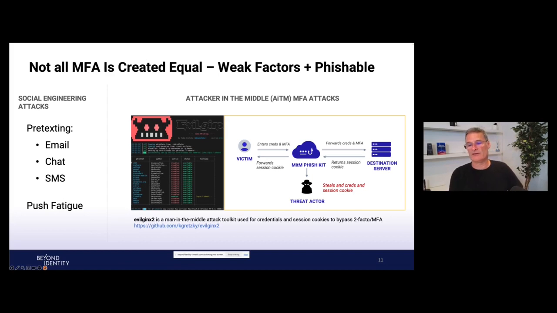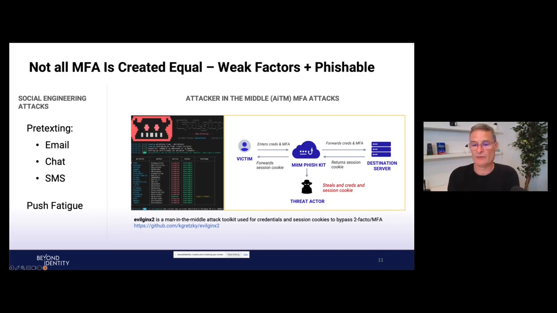By the way, to put context around weak factors, any factor that I can get an end user to give me, like over the phone or over an email or share with me, is by definition a weak factor. It's a shared secret and not good.